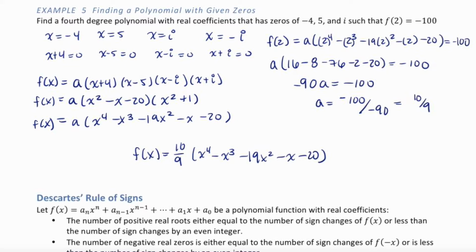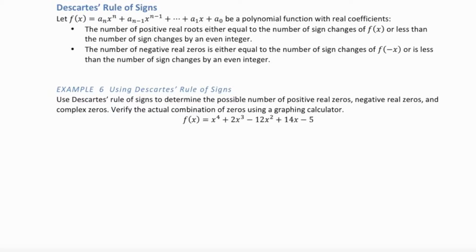Finally, let's look at Descartes' rule of signs. Descartes' rule of signs: let f of x be a polynomial function with real coefficients. So that is, these a's are all real coefficients.